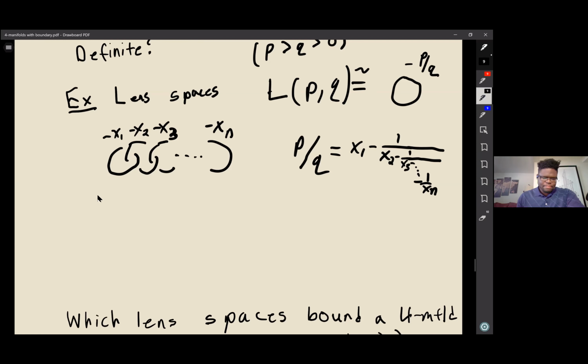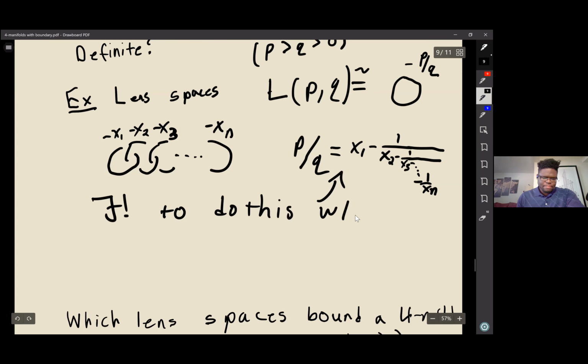Unfortunately, sorry, there is a unique way to do this, with each x_i at least 2 an integer.